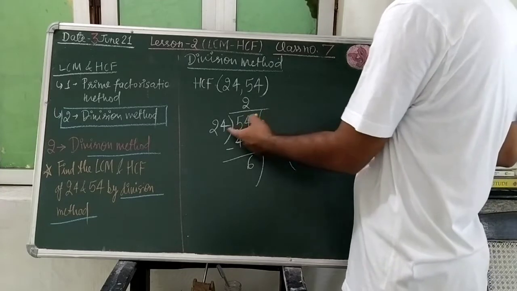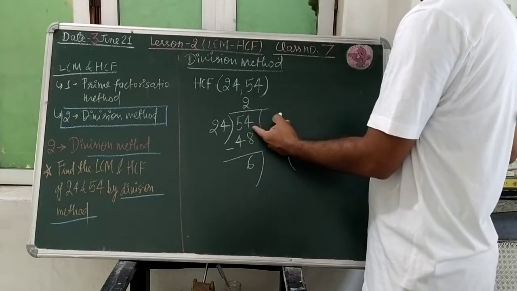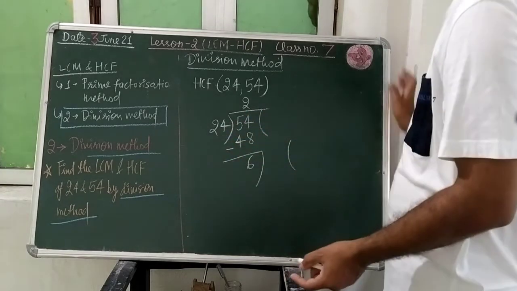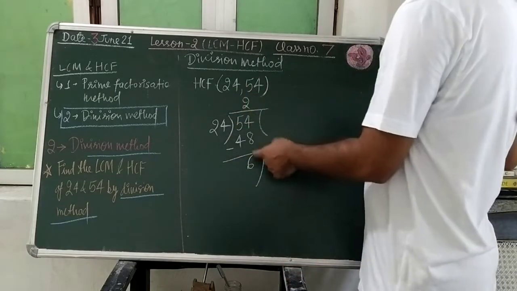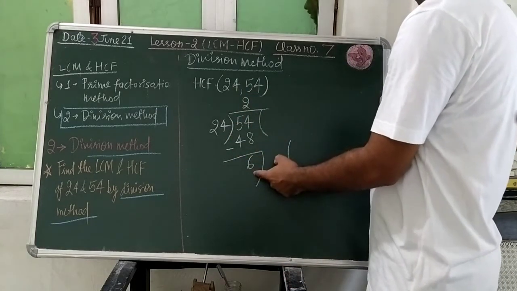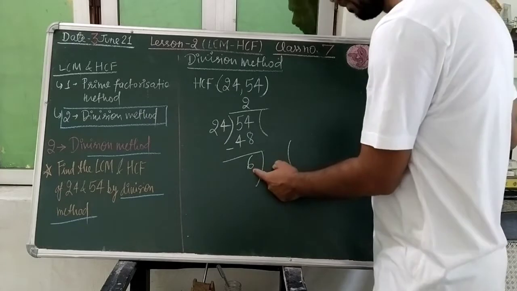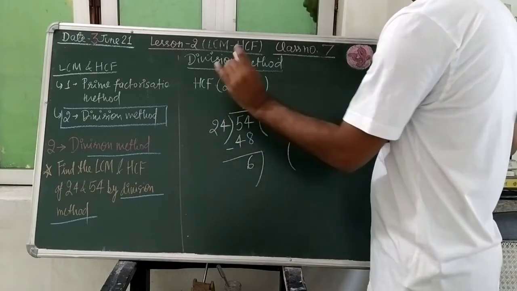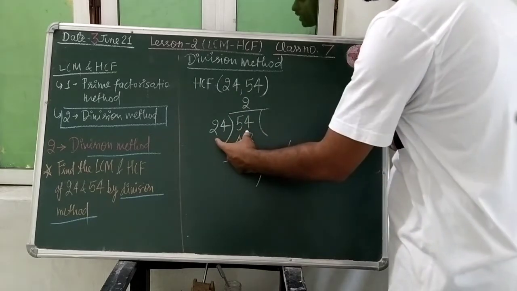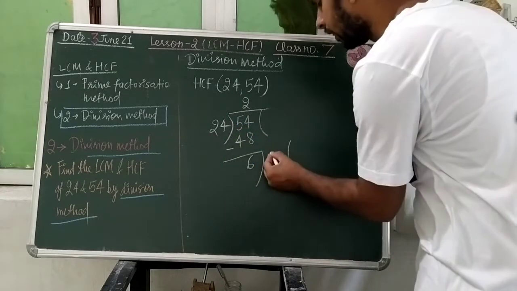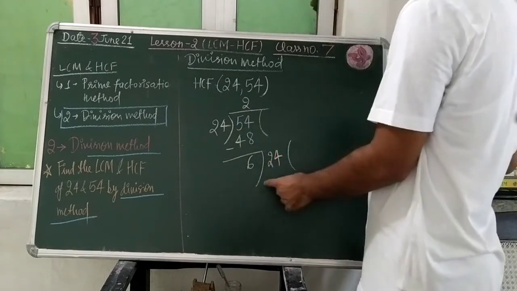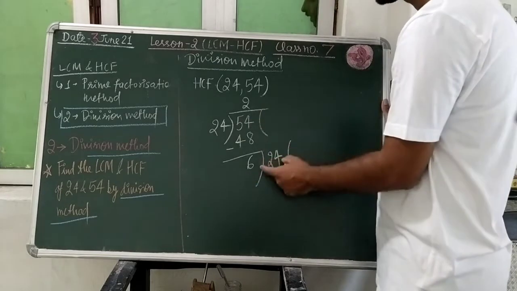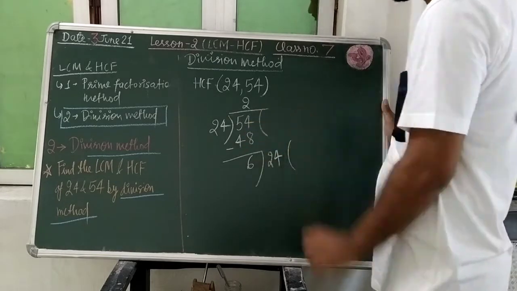It goes 2 times, you get 48, and you get 6 as your remainder. The divisor in the earlier case was 24, so 24 will be divided by the remainder.